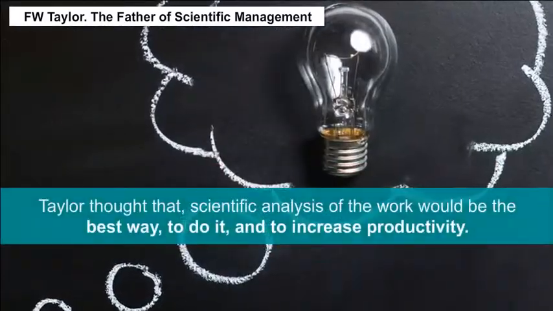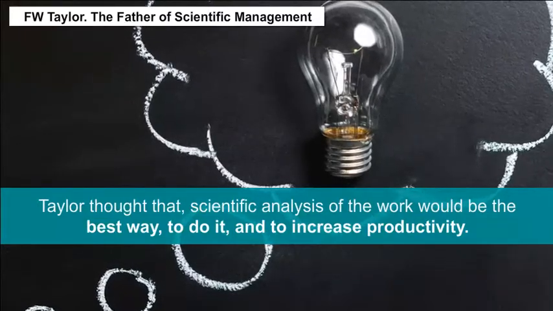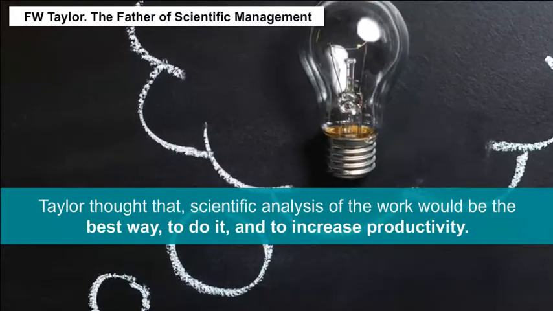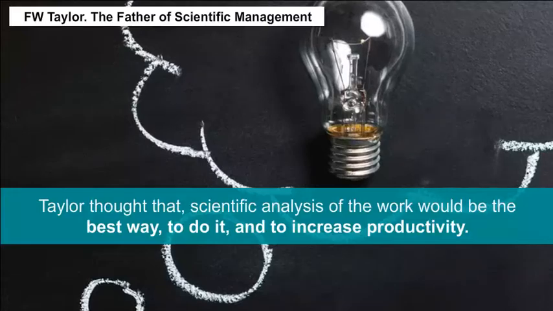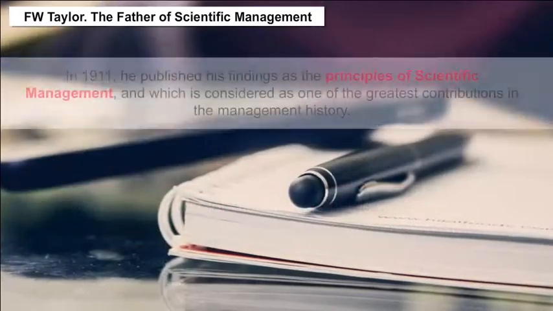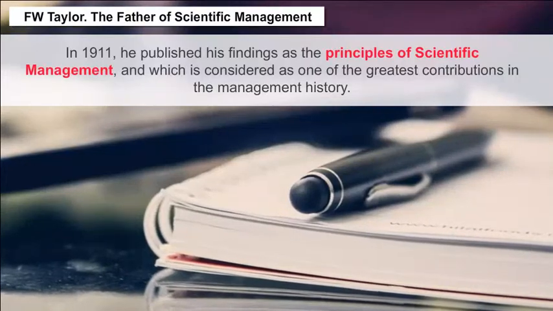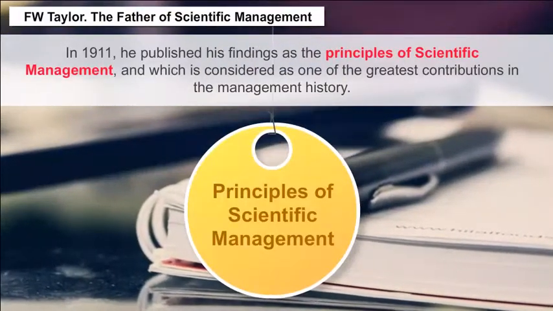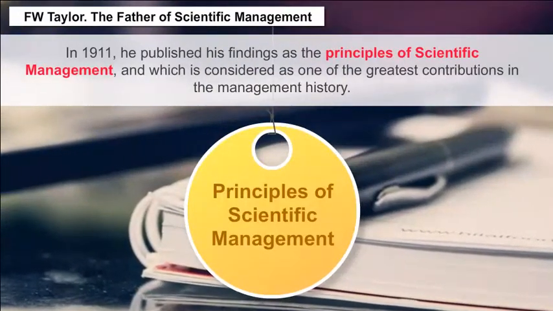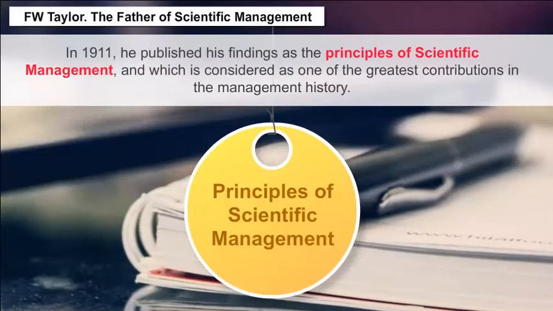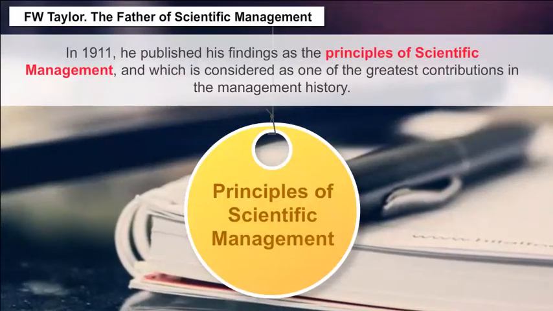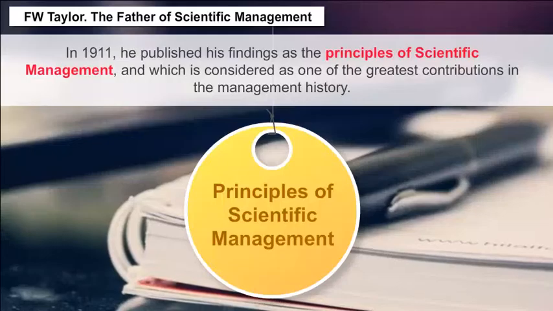Taylor thought that scientific analysis of the work would be the best way to do it and to increase productivity. In 1911, he published his findings as the Principles of Scientific Management, which is considered one of the greatest contributions in management history.